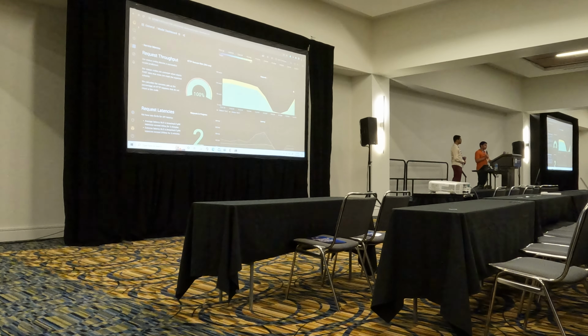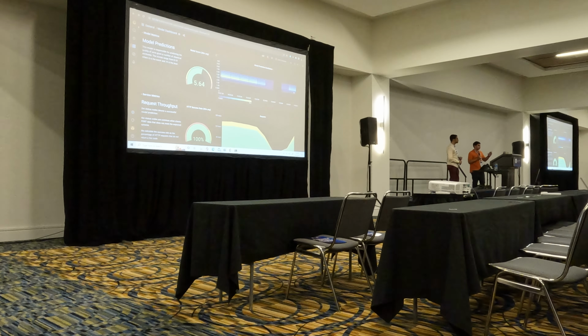So this is of course what we would call the model metrics, and then we also have the service metrics. In the model metrics, we are also showing the model score. The model score is essentially a way to say how well my model is performing, to get an estimate of it. Of course, we haven't seen the data earlier or trained on it, but the model score at least allows us to get an estimate of how this works.